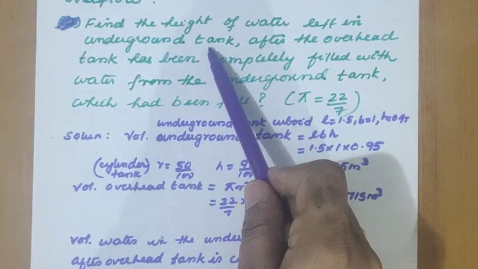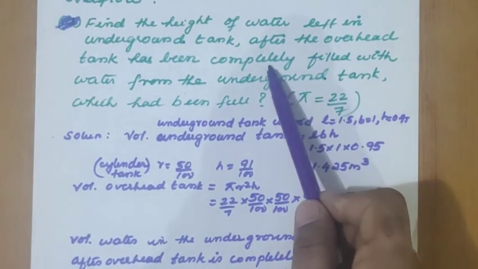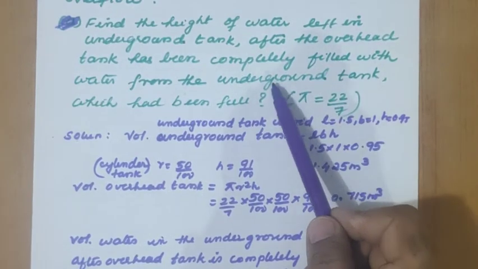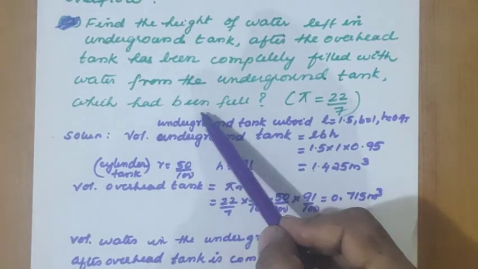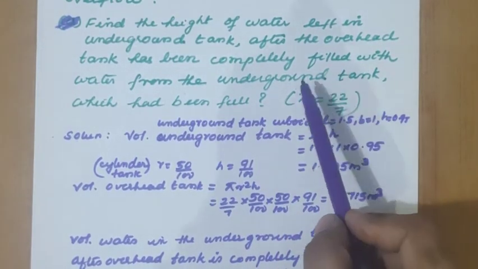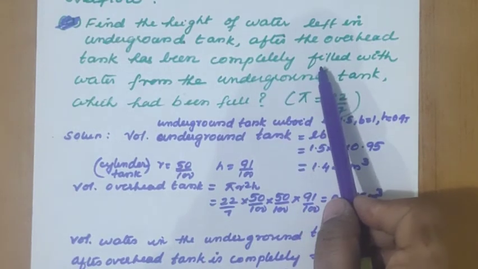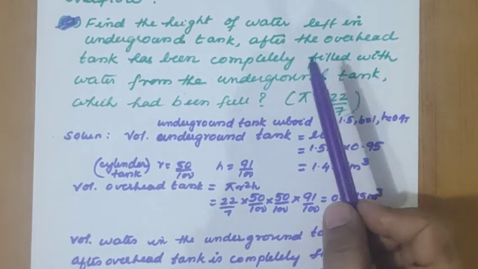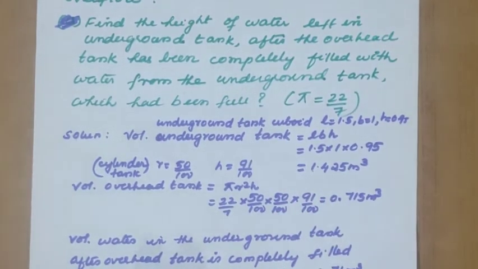That means in the cuboidal tank, what is the amount of water left after the overhead tank is completely filled. From where is the water taken? From the underground tank which had been full. From there water is used to fill the cylindrical tank. Then what is the remaining water in the cuboidal tank? That is the question.